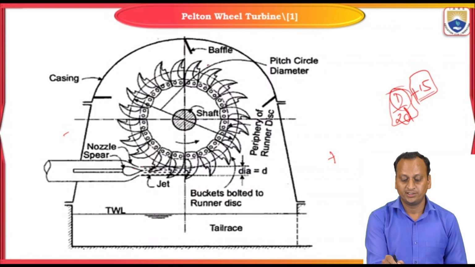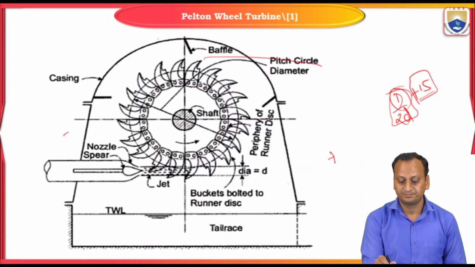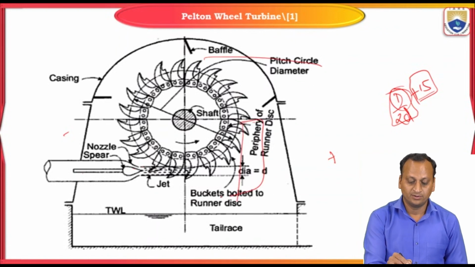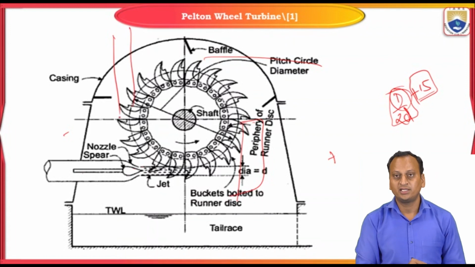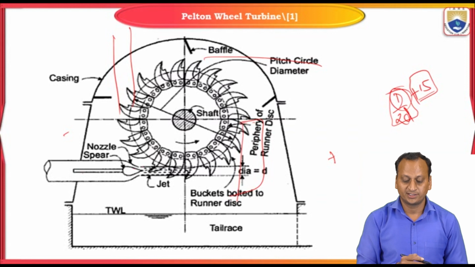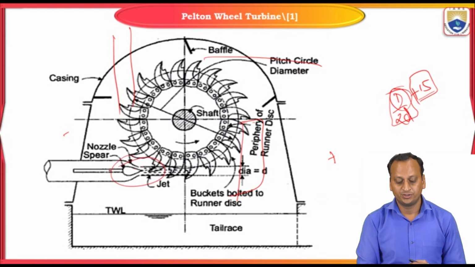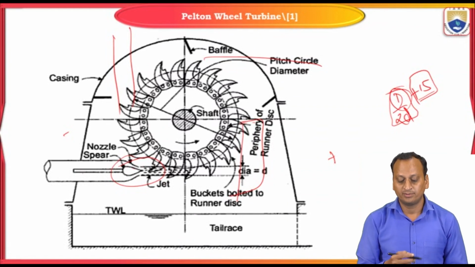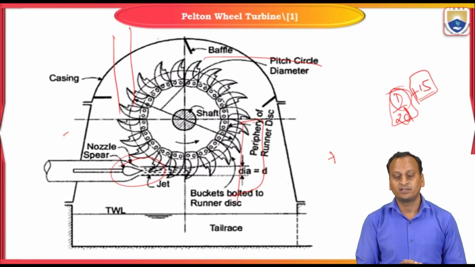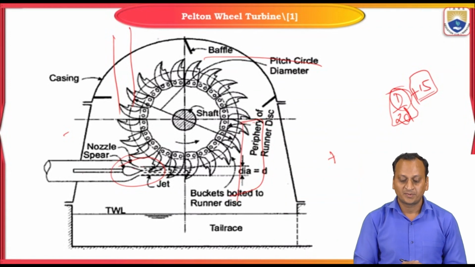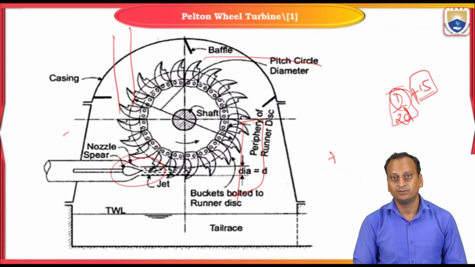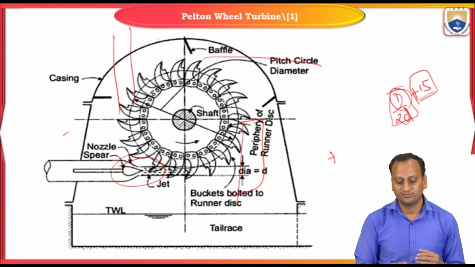So one more jet here, another jet is here, and one more jet is here. So the multi jet is also used based on the requirement, so the number of jets can be installed. We have seen only a single jet impulse turbine, a Pelton wheel turbine. But the number of jets is based on the requirement, and there are empirical relations. Based on that, you have to accommodate the number of jets required.